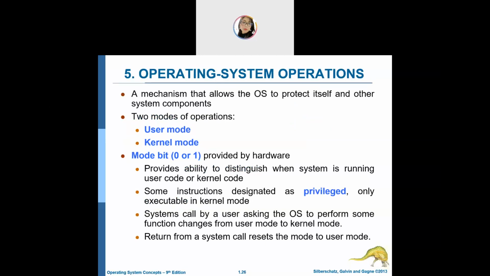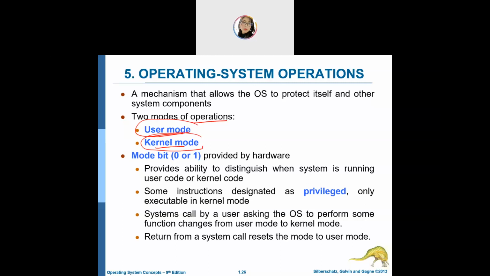Okay, we move to the operating system. System operation. Just now we learned there is a kernel. What is basically this kernel? There are two modes of operation: user mode or kernel mode. Normally you are using the normal user mode. Maybe you can try to explore how to use your kernel mode.